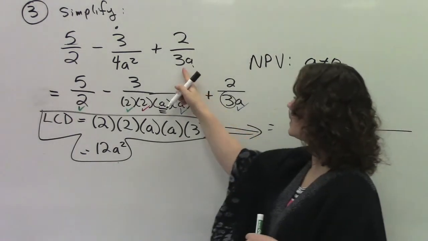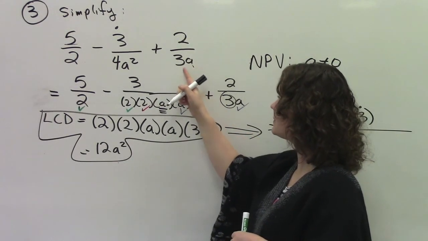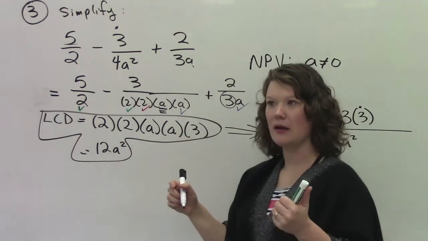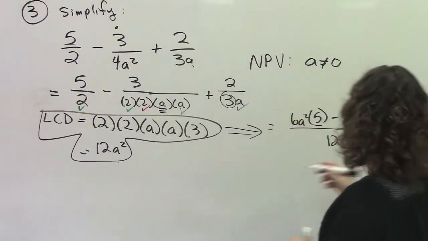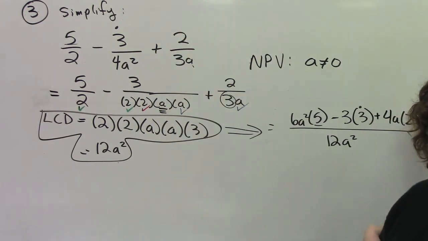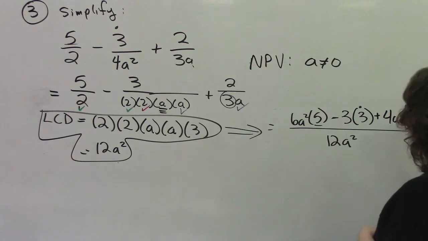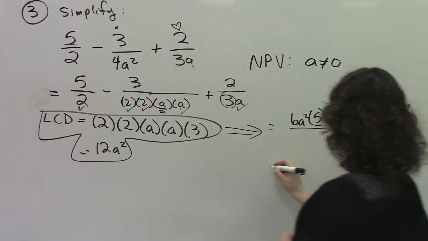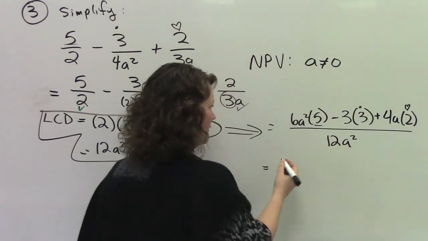Now look at my denominator here, 3a. What do I need to multiply 3a by to get 12a squared? I need to multiply by 4a. Plus 4a times 2. I'm going to put a little heart over the 2 just so you know where it came from. Alright, so I'm going to simplify here.